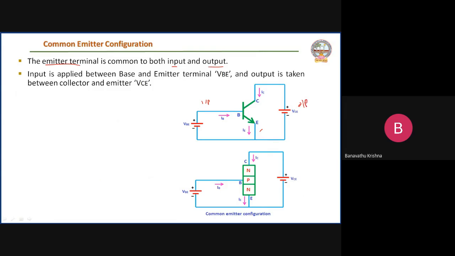Here the input is applied between base and emitter, VBE, and the output is taken between collector and emitter, that is VCE. This is the structural representation of the common emitter configuration.